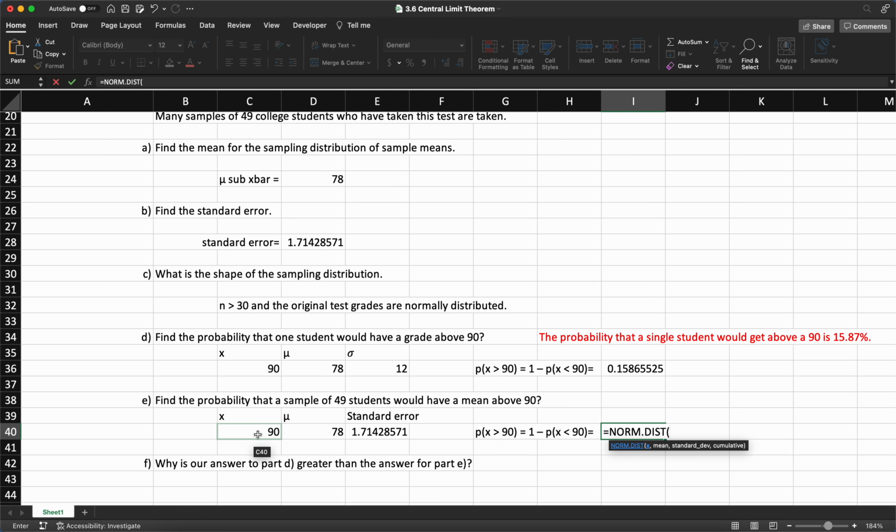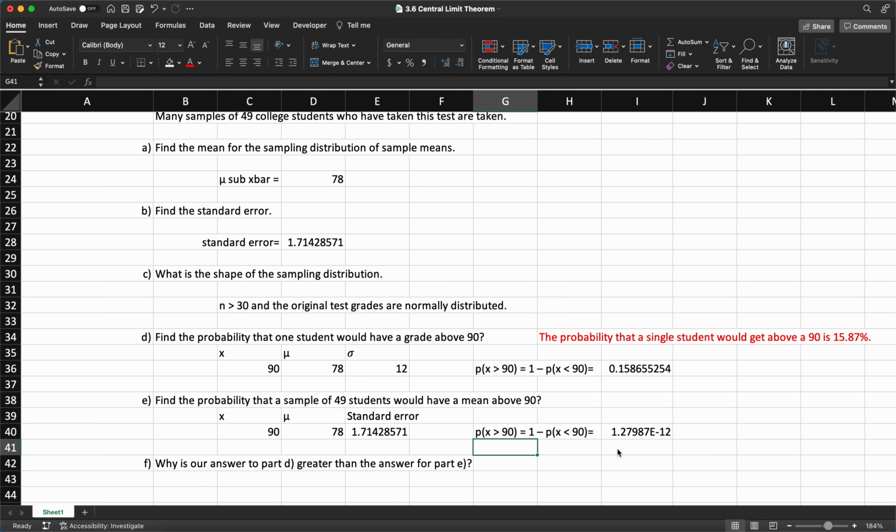The value is 90, the mean is still 78, but now my standard deviation is much smaller because it's a standard error. True. Now when I do this, I forgot my 1 minus. I get 1.28 times 10 to the negative 12. That is 0.000000000127.